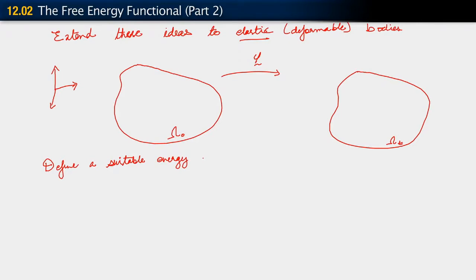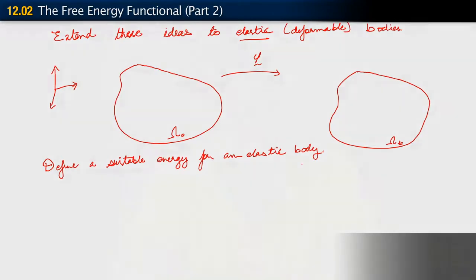Define a suitable energy for an elastic body, non-linearly elastic. Now, we already know about an energy. We've used it very often in our study of nonlinear elasticity. In fact, after a point, our study of nonlinear elasticity pretty much revolved around this notion of an energy.